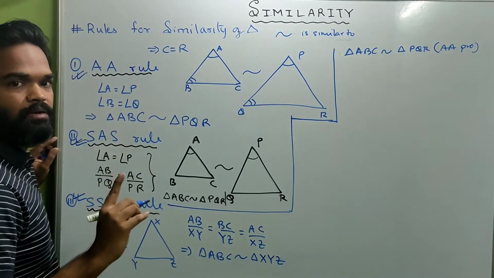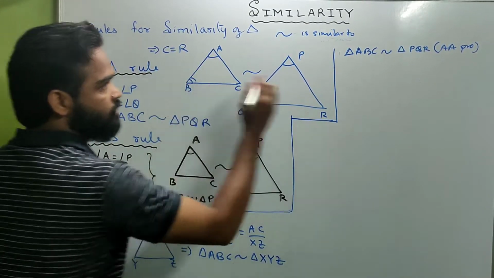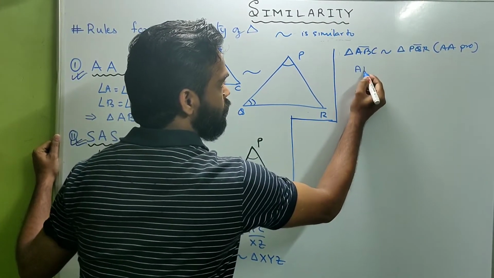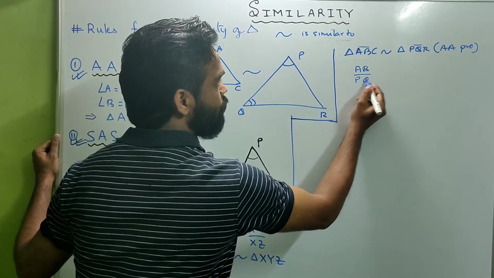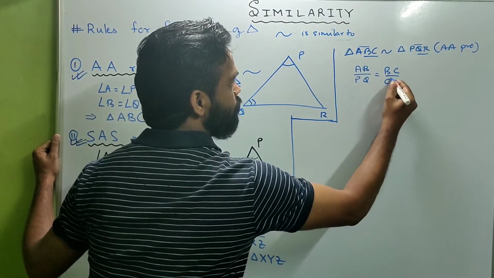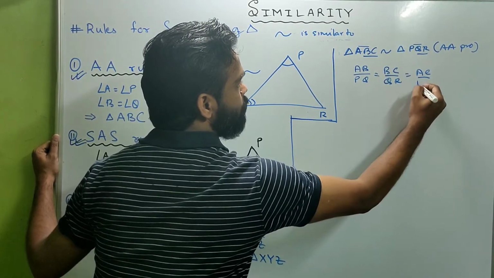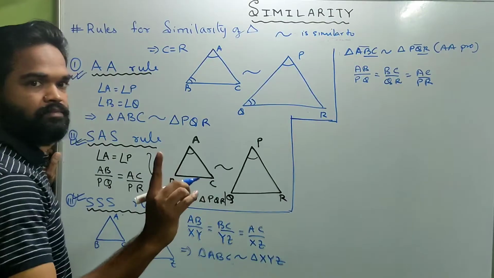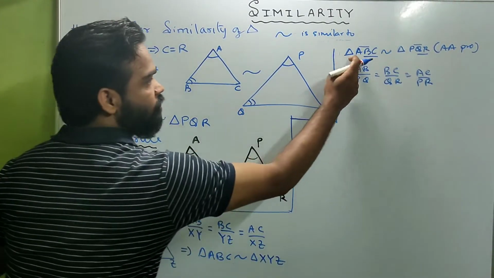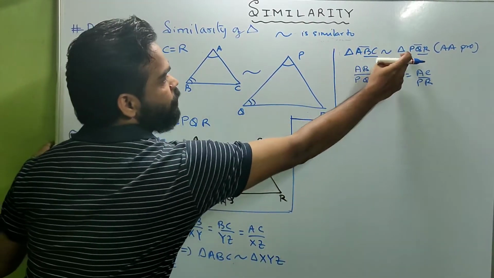And if they are similar, their sides will be proportional, which means AB corresponds to PQ, BC corresponds to QR, and AC corresponds to PR. So whenever you are writing that two triangles are similar, see that the vertices are matching. Angle A matches with angle P, so I have written A, P over here.